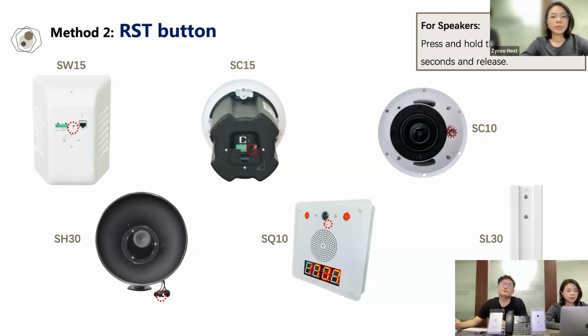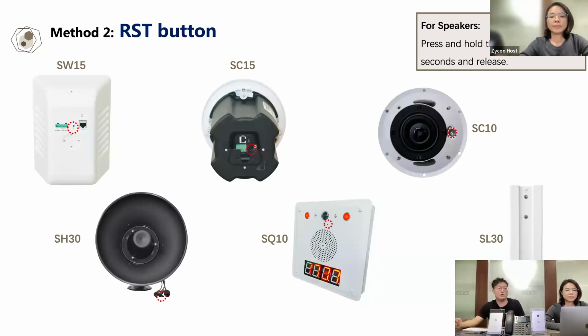If you don't want to use the ZCAE tool, you can use a physical way to find the IP address. For example, for speakers like the SW15 and the SC15, you can press and hold the reset button for 3 seconds and release it, and the IP address will be announced by these devices.